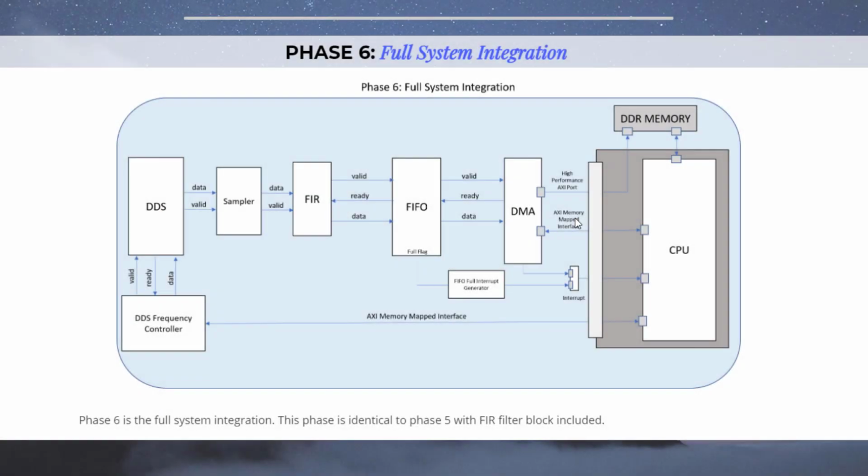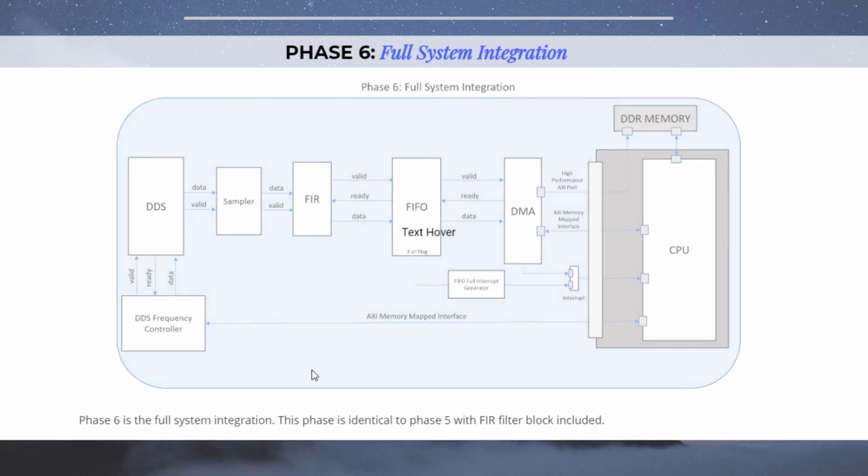So let's look at this design that I have right in front of me. I created this design a while ago. The purpose of creating the design was to evaluate the frequency response of an FIR filter.